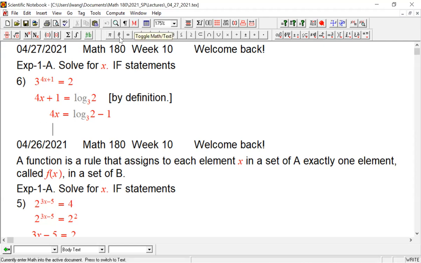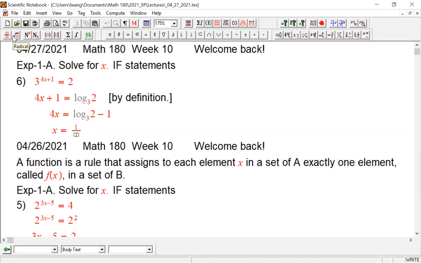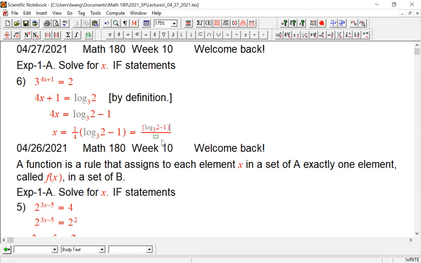So let me show you how I would prefer this being written. Sometimes I just want to mention this way of writing it, and I have shown you this way of writing it in trigonometry.